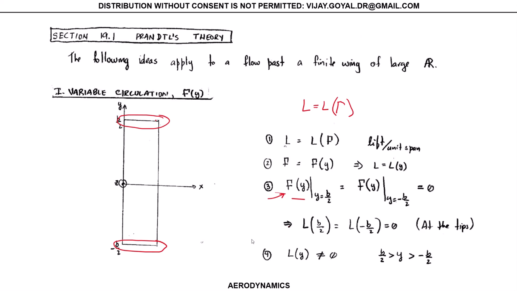The lift is zero here because the circulation is zero there, so that just tells you they are directly proportional. But nothing can be said anywhere in between. The value of circulation is not zero, and therefore your lift is not zero.